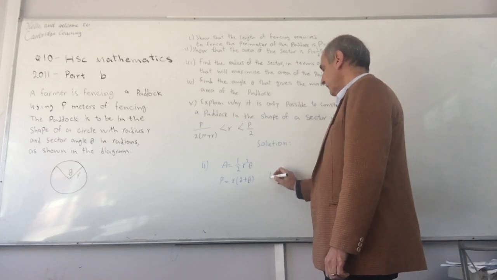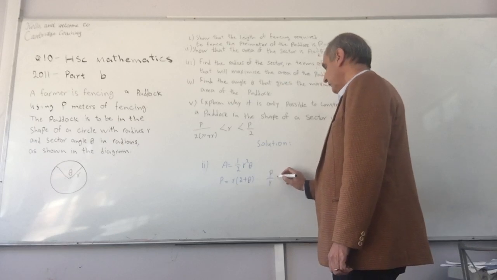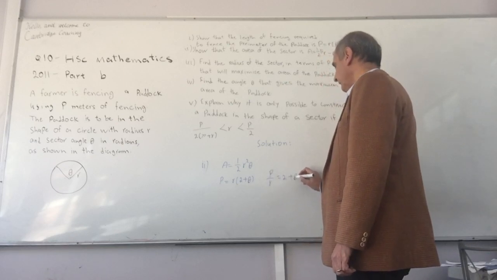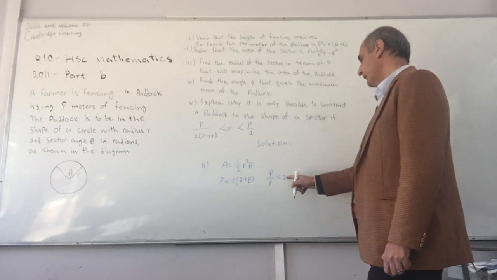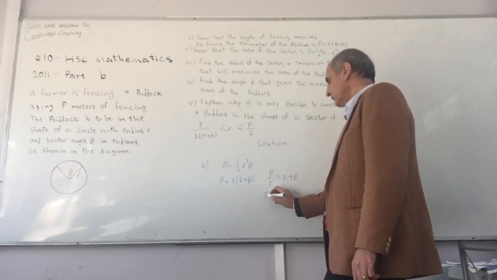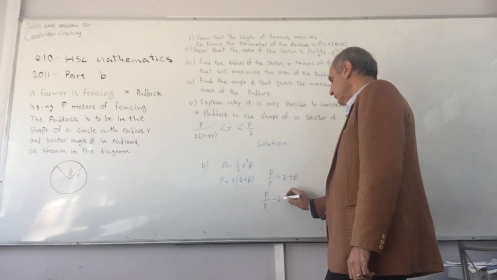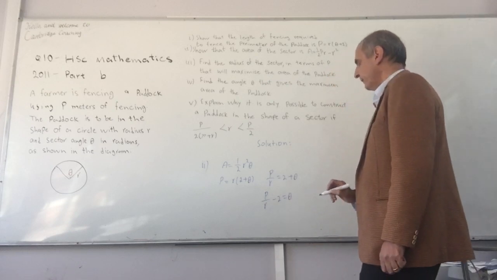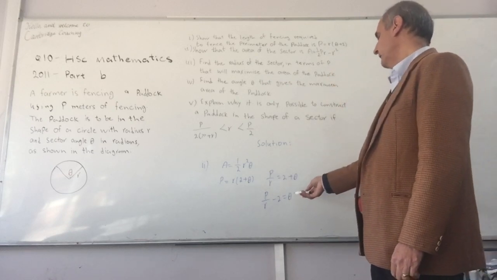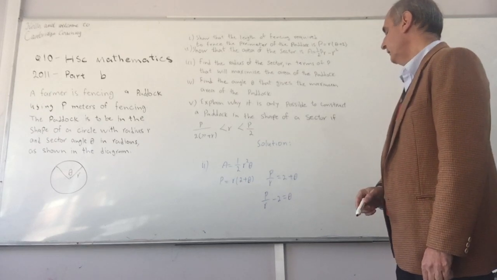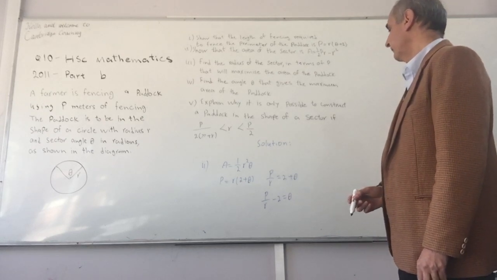So I divide both sides by r. I get P over r is 2 plus theta, and I subtract 2 from both sides, so P over r minus 2 is equal to theta. Now I have expressed theta in terms of P and r.